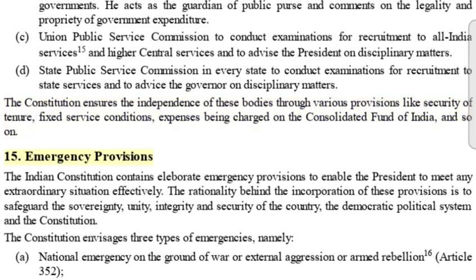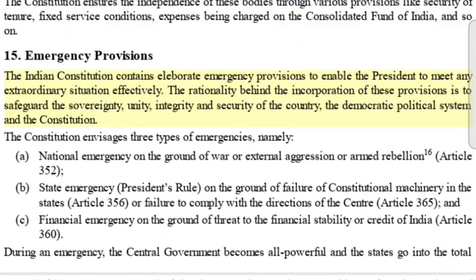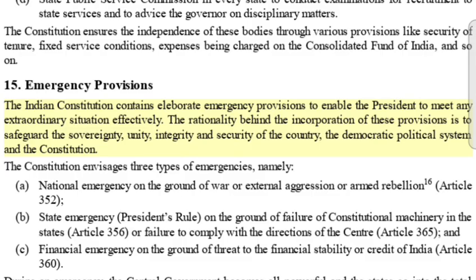15. Emergency provisions. The Indian Constitution contains elaborate emergency provisions to enable the President to meet any extraordinary situation effectively. The rationale behind the incorporation of these provisions is to safeguard the sovereignty, unity, integrity and security of the country, the democratic political system and the Constitution. The Constitution envisages three types of emergencies, namely: a.